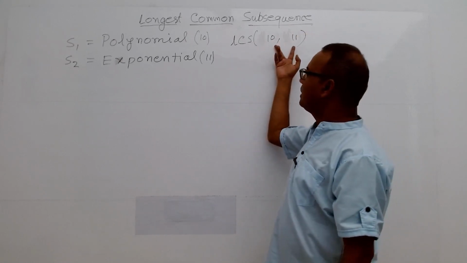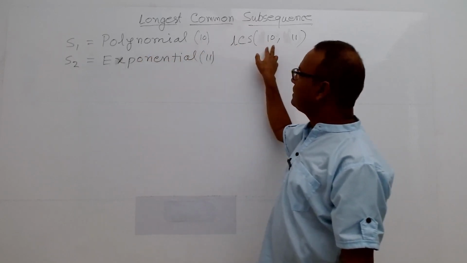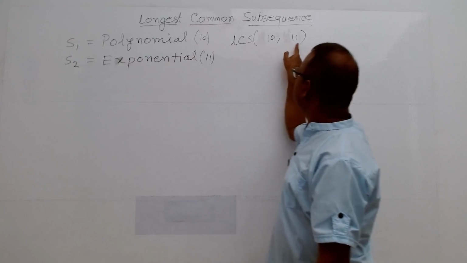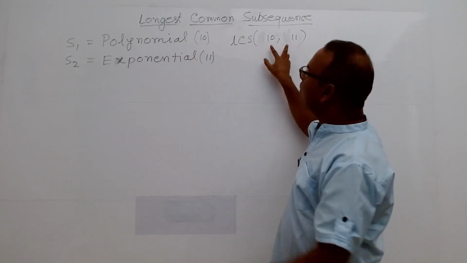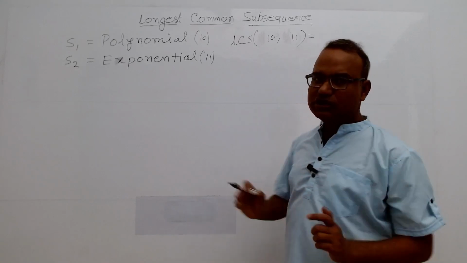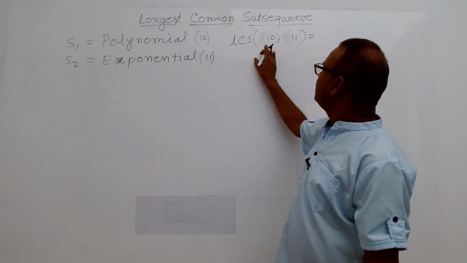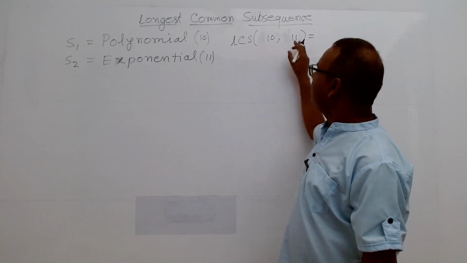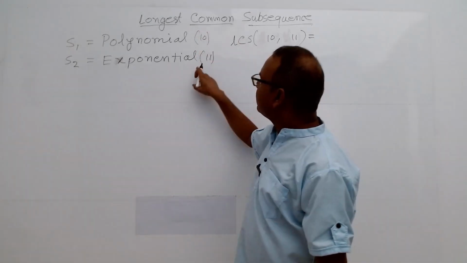These are the actual parameters. This 10 means the first 10 characters of the first string and this 11 means the 11 characters of the second string. So how the last step is done, that is our concern. Now we have to find the longest common subsequence between a string of length 10 and a string of length 11.